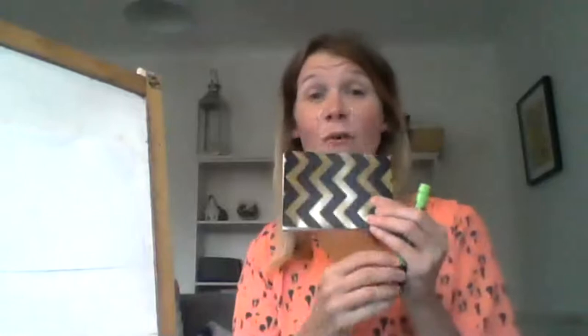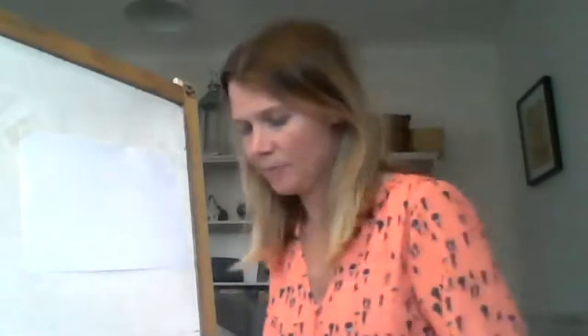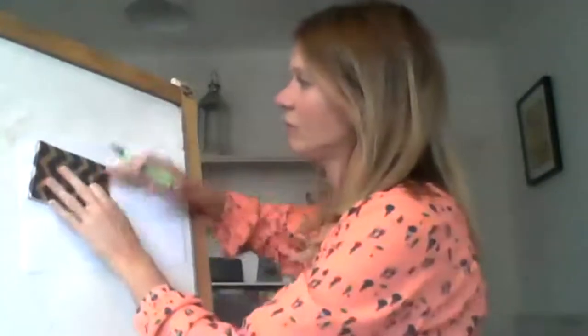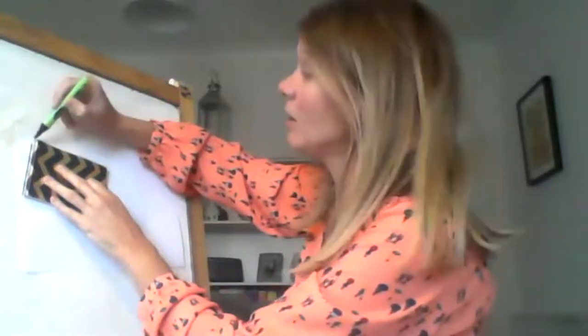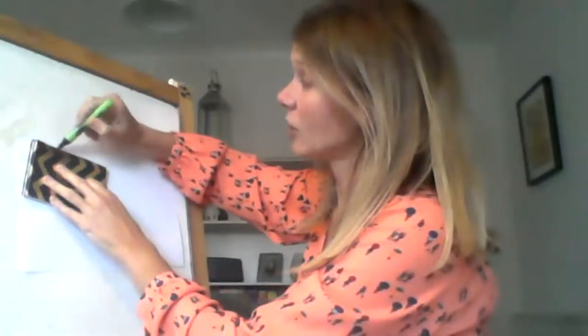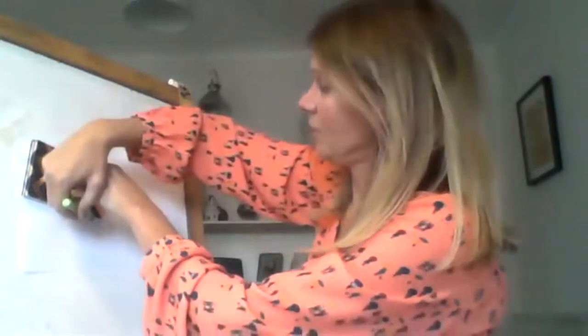There we go. I'm going to use this as my template for a photo. So I'm going to make my own photo album. Now I'm just going to move my chair out of the way here. Is that okay? And I'm going to draw around. This is just a notepad, by the way, but it looked like the shape of a photo.